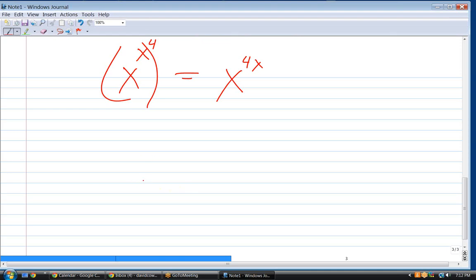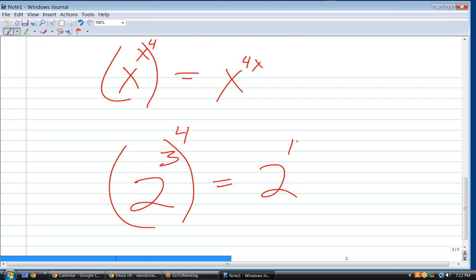Let's talk about that. I'm not totally sure. If I said 2 to the third power raised to the fourth power, that's definitely the same as 2 to the 12th. When you do a double exponentiation, you multiply the exponents.